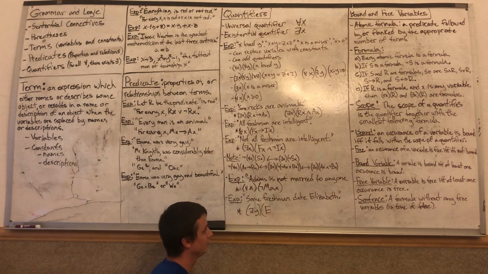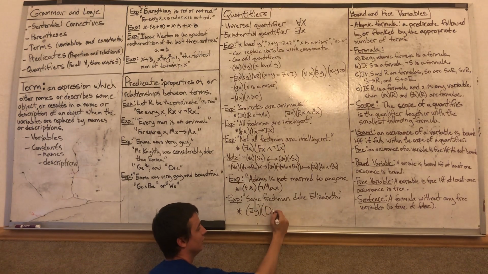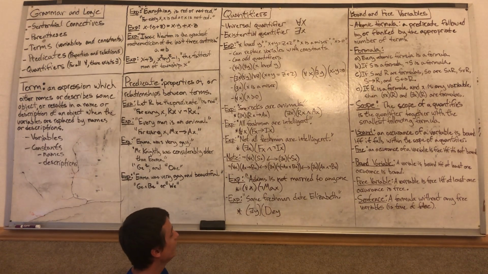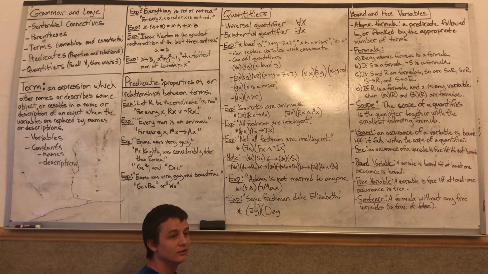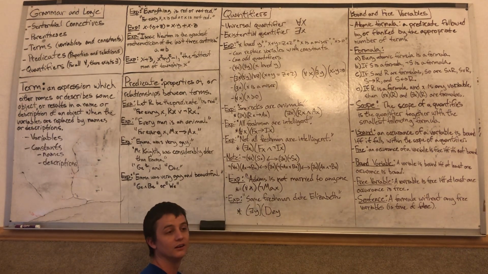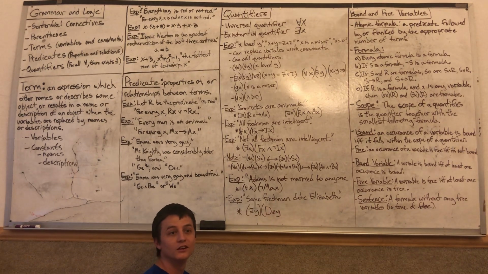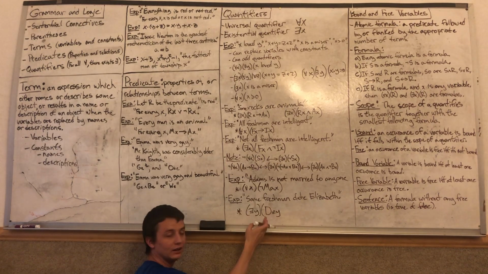Let's make Elizabeth a proper name, E. There exists a y such that y dates Elizabeth. That makes sense. We can switch them: D, y, E. This is saying there exists a person that dates Elizabeth.